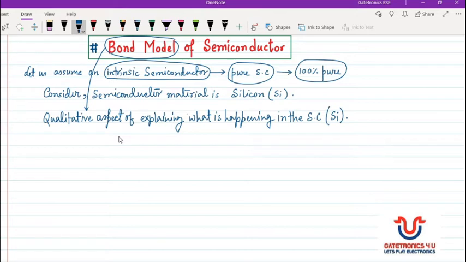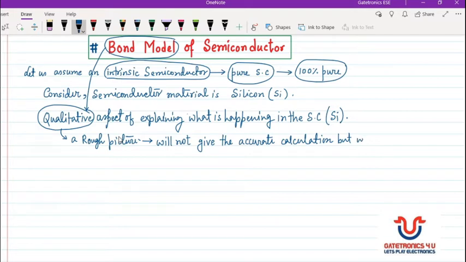And qualitative means a rough picture, not the exact picture, but it will give a rough picture of what is happening inside the semiconductor. That is, we can say that the bond model will not give the accurate calculation, but we can have a feeling for what is happening inside the semiconductor.